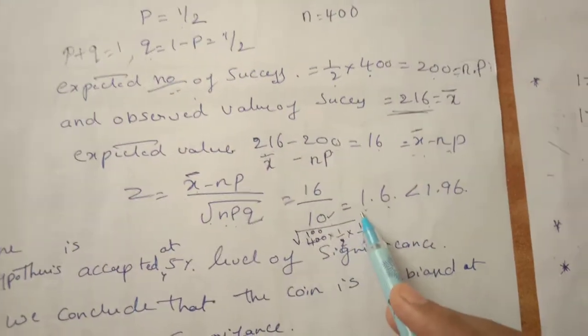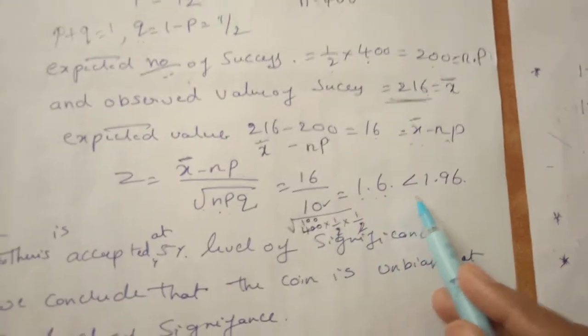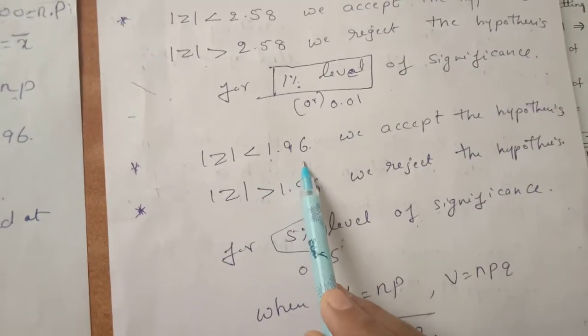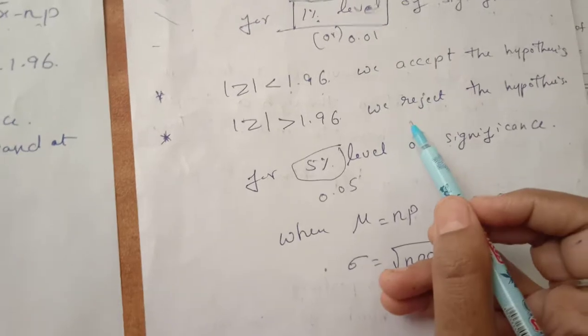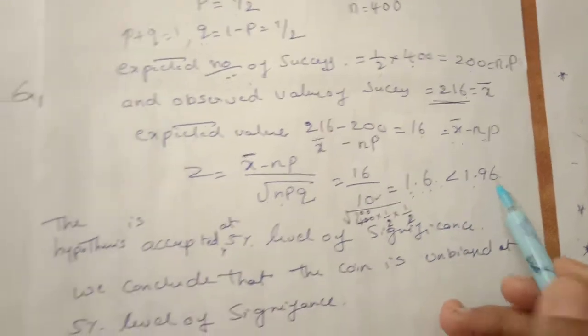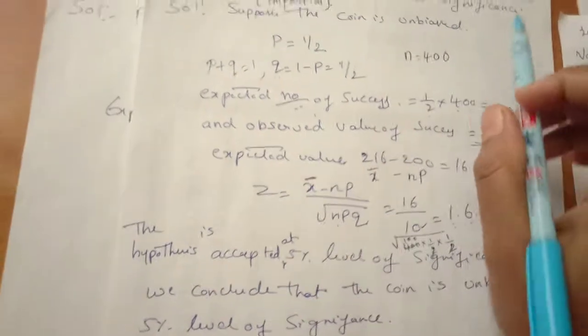Here they ask the 5%, therefore the value 1.6 is less than 1.96. Modulus of Z is less than 1.96, therefore we accept the hypothesis depending on the Z value. If it is less than 1.96, we accept the hypothesis that the coin is tossed impartially.